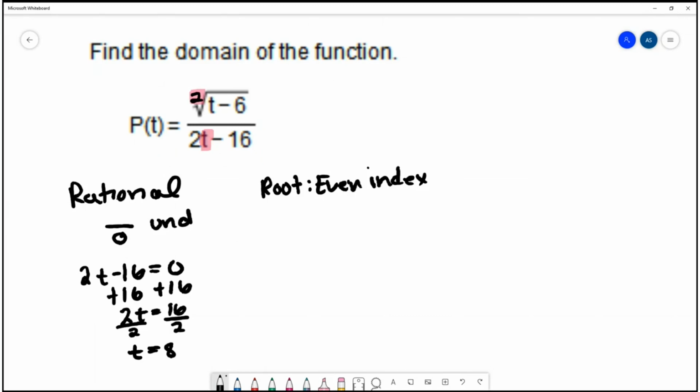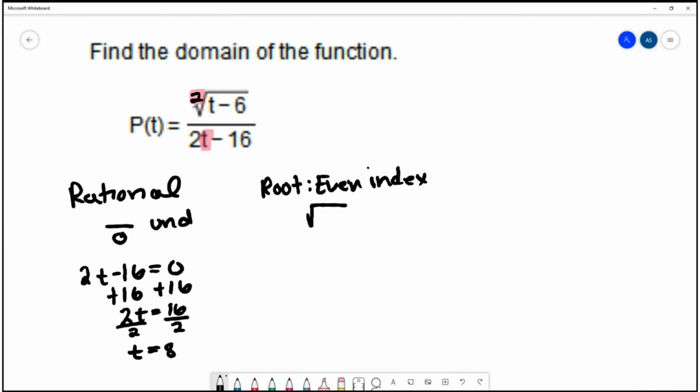So when we have an even index, we want what's underneath our radical to be positive or 0. Because if we take the square root of a negative, or the even root of a negative, that's going to give us a complex number. We only want to consider the real numbers, so we want the expression underneath our radical to be either positive or 0.